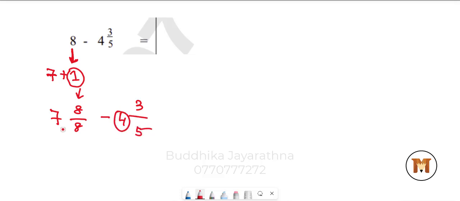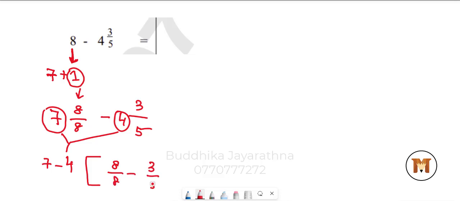So I have two whole numbers and two fractions. So I take the whole part out, which is 7 minus 4, and then again I'm going to give a solution for 8 over 8 minus 3 over 5.